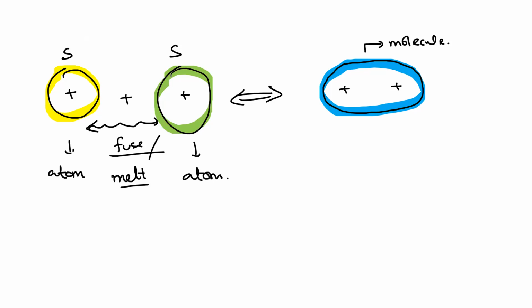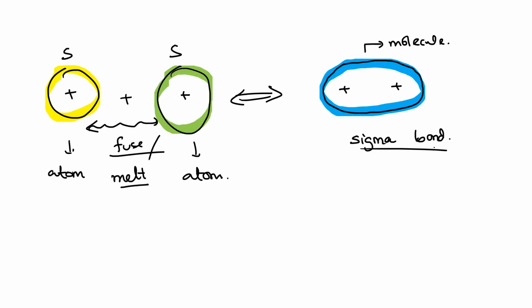Whenever they fuse, they actually touch, they go into one another, and they join across the axis. Is this understood? So this is what is going to form a sigma bond.